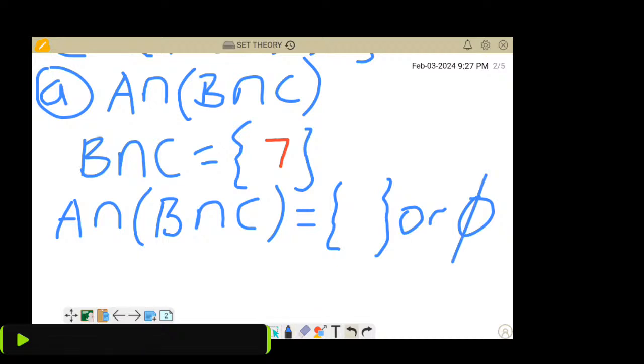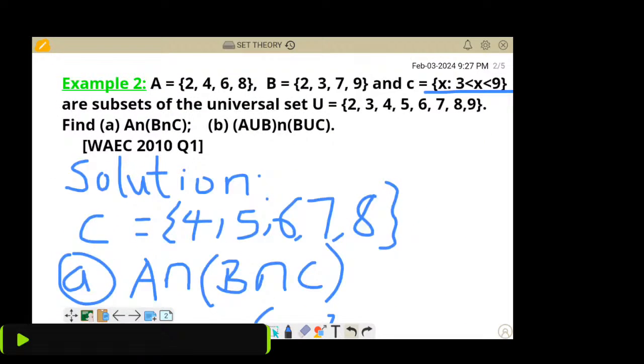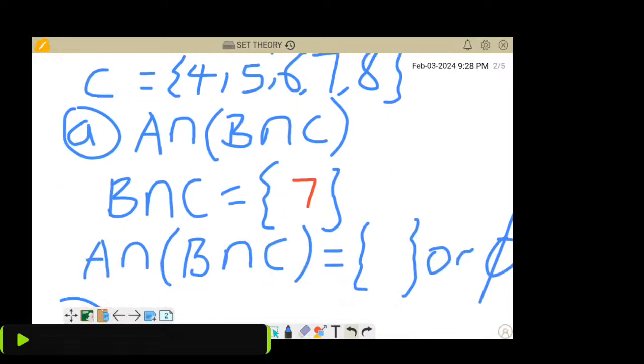And for the B part of our question, okay, let me move it down. We have to find A union B intersection B union C. That is what that one represents. A union B intersection B union C. And let's quickly look at this.